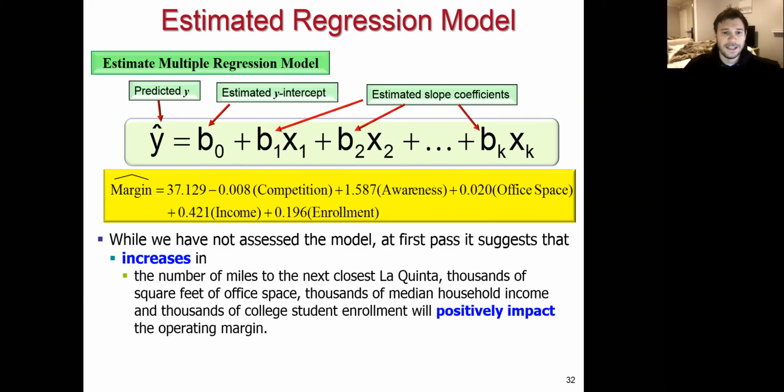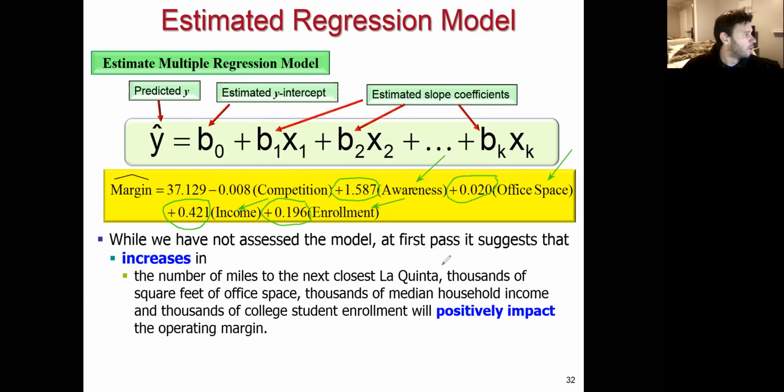If we have any increases in, let me use a green arrow here, things like market awareness, which is the distance to the nearest La Quinta, the amount of office space, the college enrollment, as well as the median income, all of those metrics are associated with positive coefficient values. You can see there's a plus in front of those things, right?